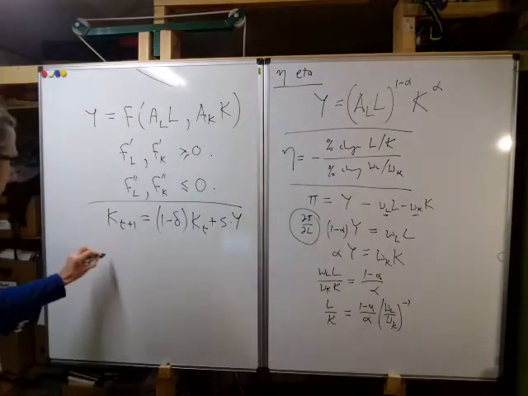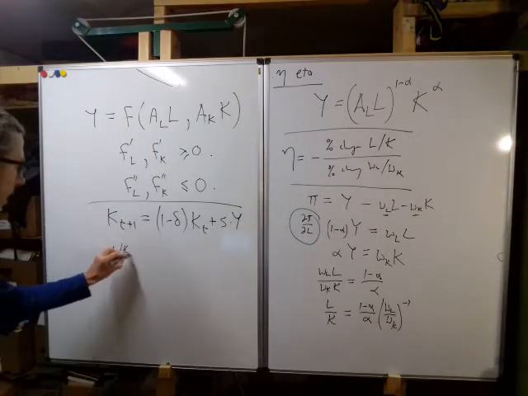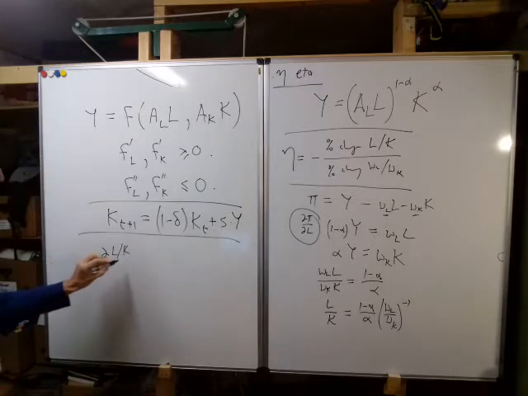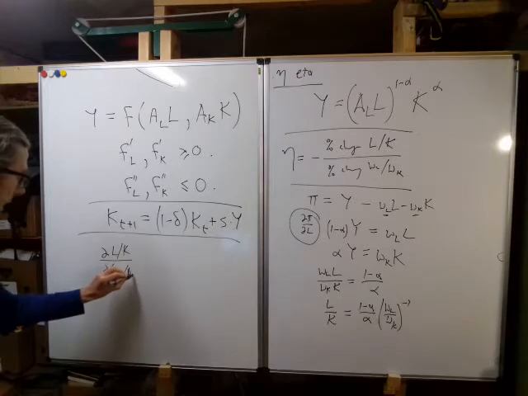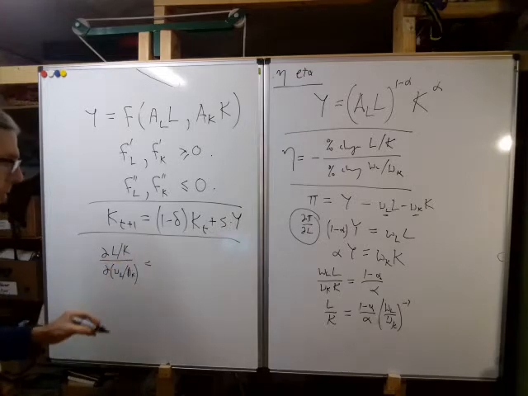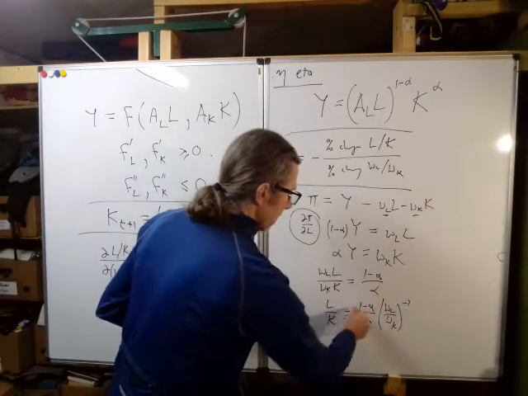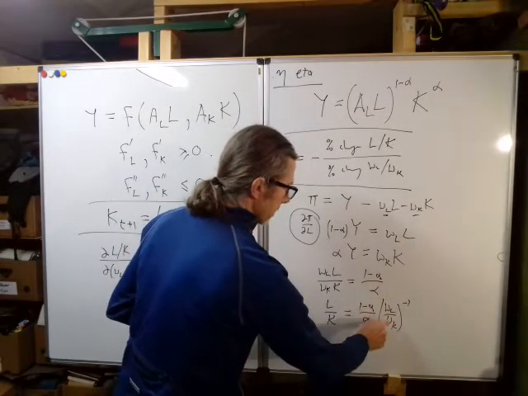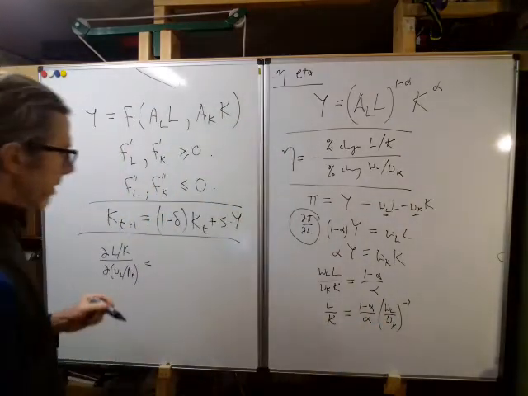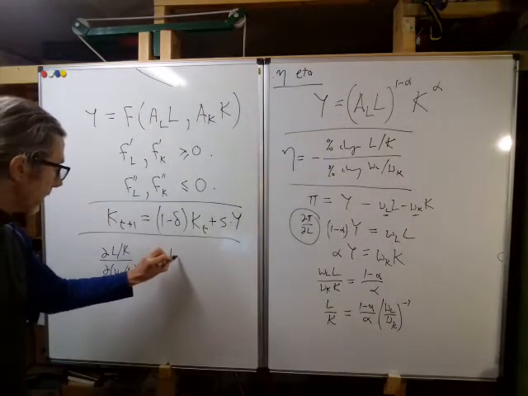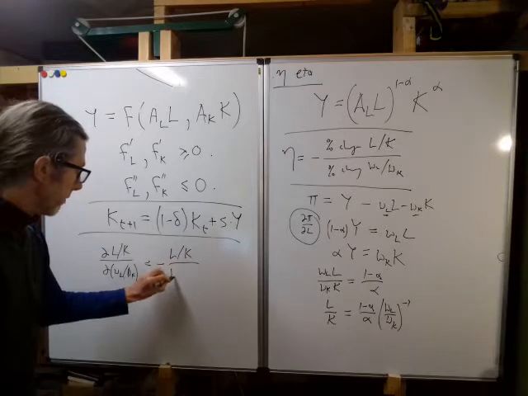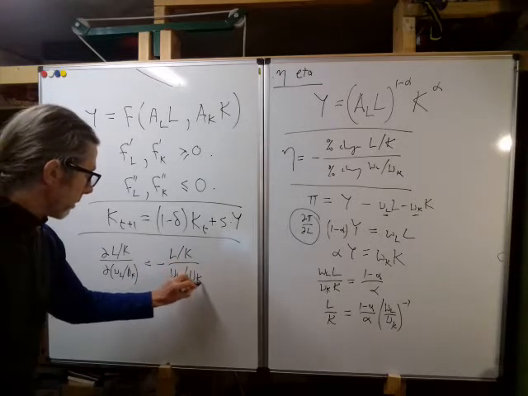So then we can say that d(L over K) by d(WL over WK) is equal to minus 1 times L over K divided by WL over WK, minus L over K over WL over WK.